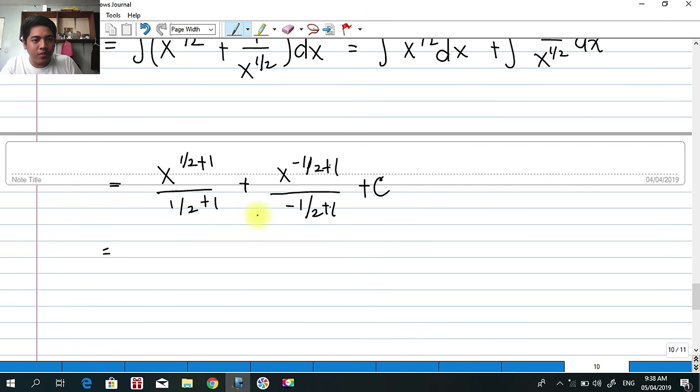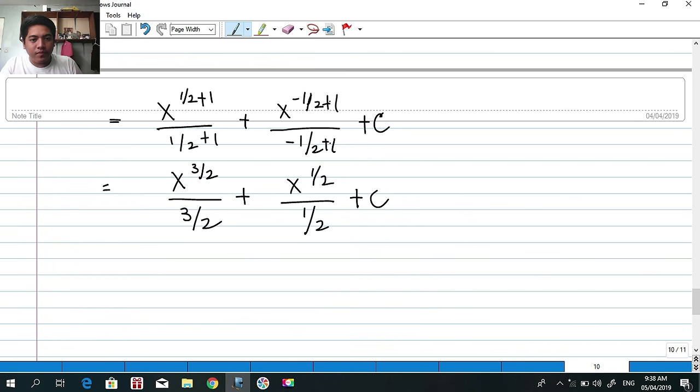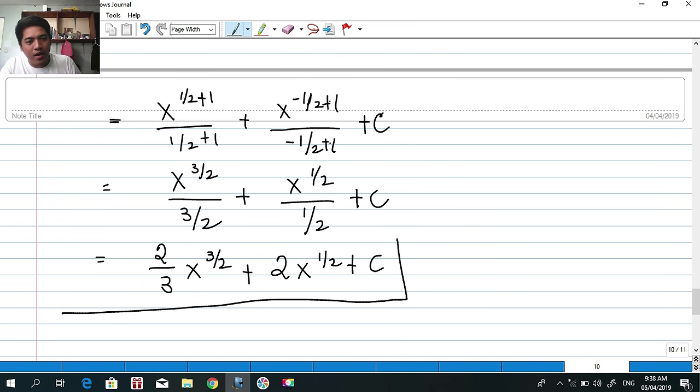So we have x raised to 3 halves over 3 halves, plus x raised to 1 half over 1 half, plus c. Simplifying, 2 thirds x raised to 3 halves plus 2x raised to 1 half plus c. So we have evaluated the integral of that function.